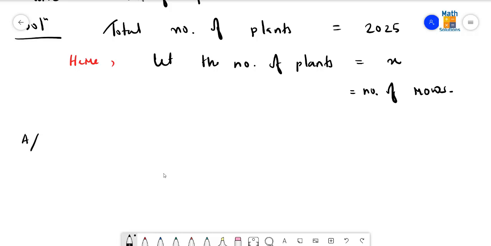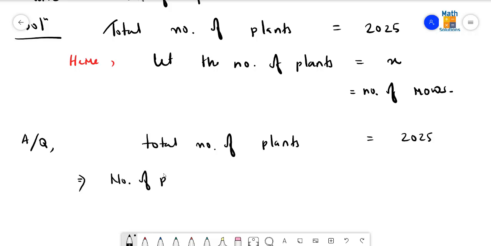So according to the question, the total number of plants to be planted is equal to 2025. That implies number of plants into number of rows.